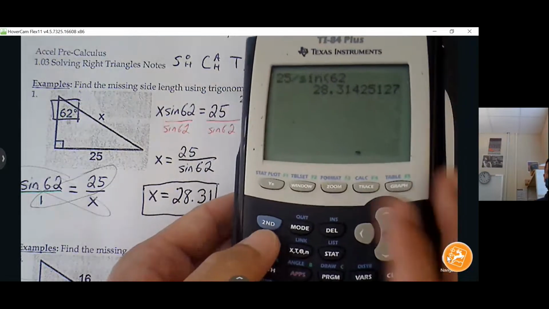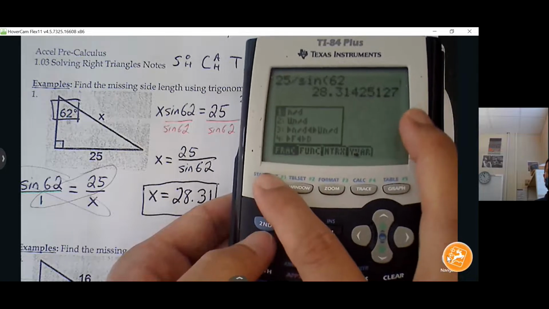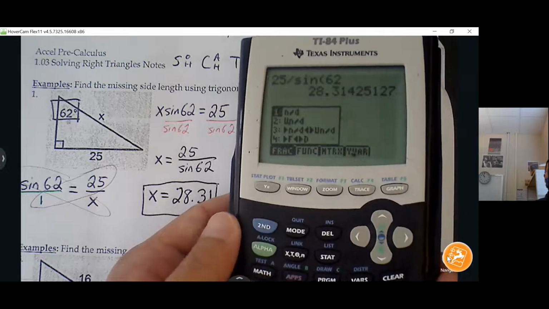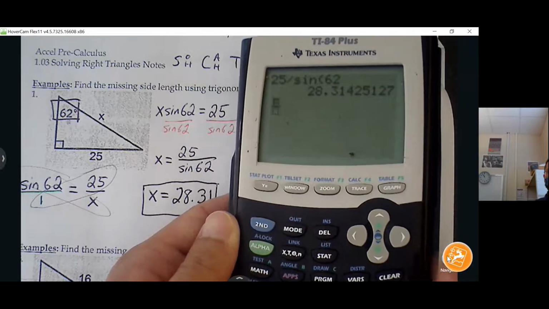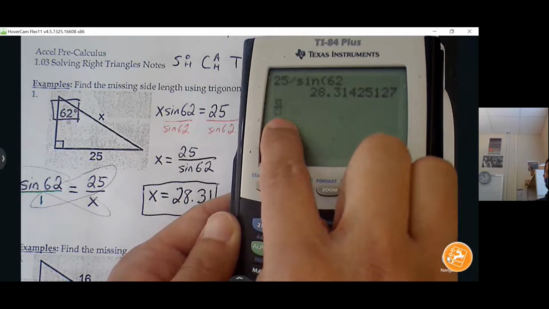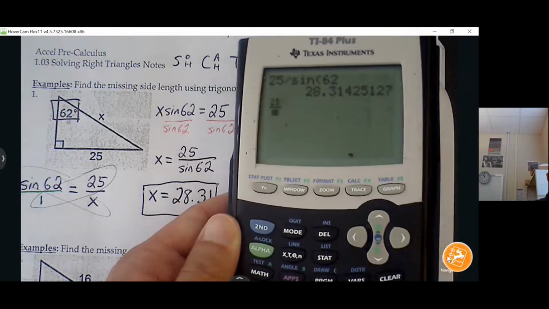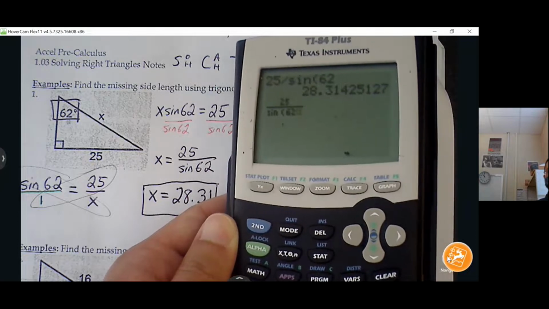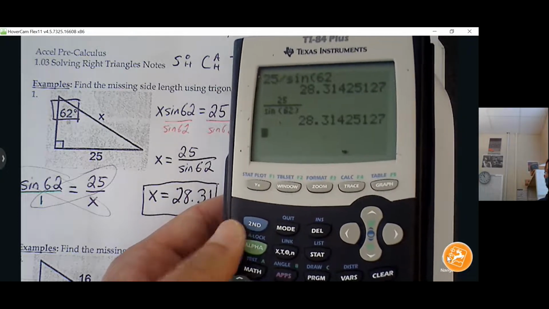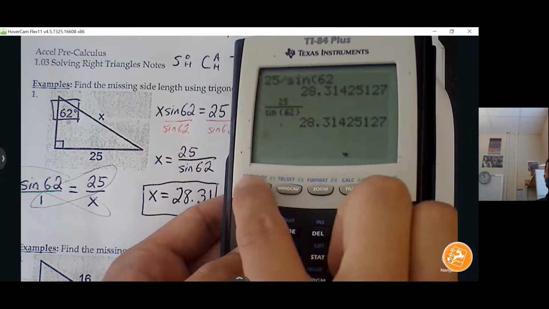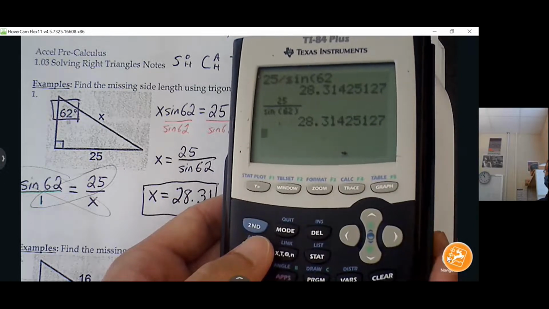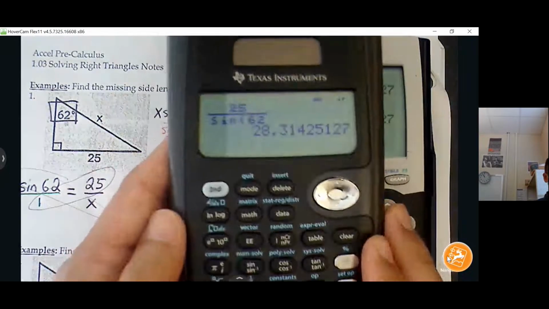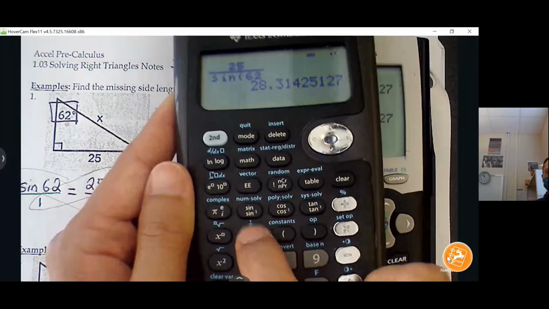So if you hit alpha y equals, there's going to be that n over d feature. That pulls up this nice fractional feature that's a little bit cleaner to look at. If you're just using a scientific calculator, then it has that n over d feature right there.